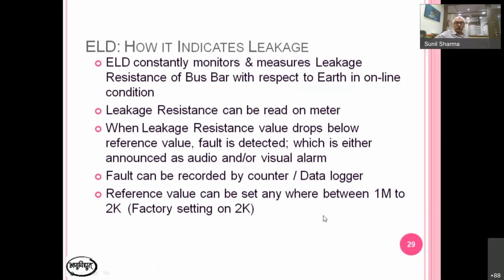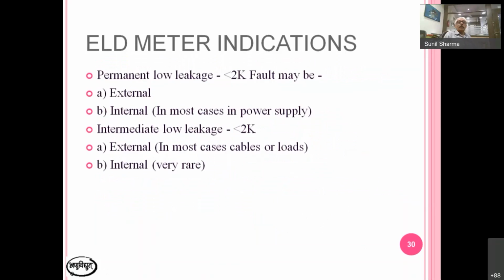How to proceed, I will explain next. This reference value can be set anywhere from 1 meg to 2K. Practice setting is 2K, no doubt. Now suppose there is a red light. We go to the meter and we find the value is 2K or less than 2K.